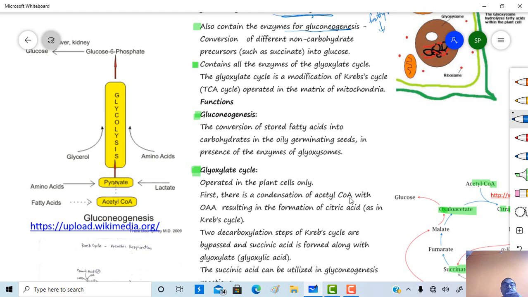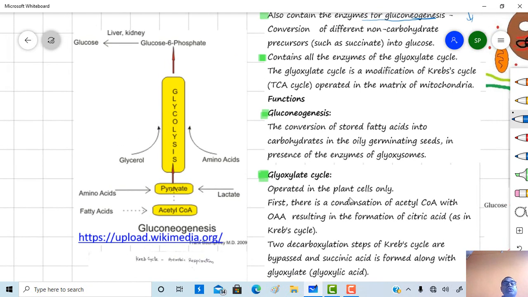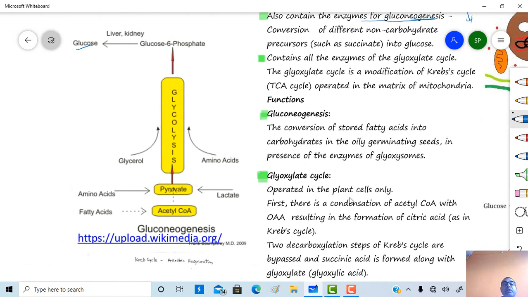See this figure. This is gluconeogenesis. If you see here, this is glucose. Okay, this is glucose 6-phosphate, the process of glycolysis. Acetyl coenzyme A, this is pyruvic acid.